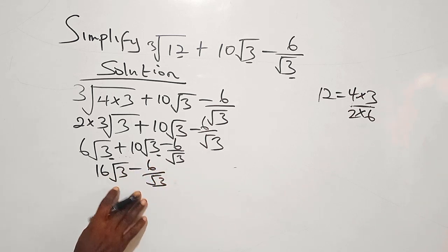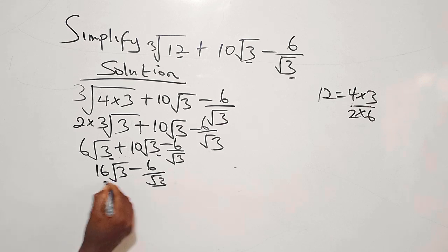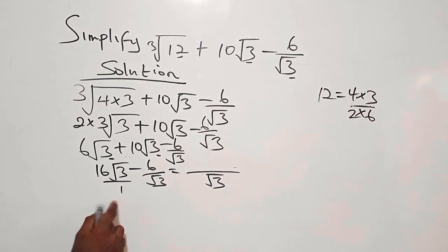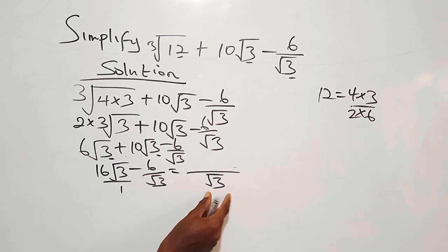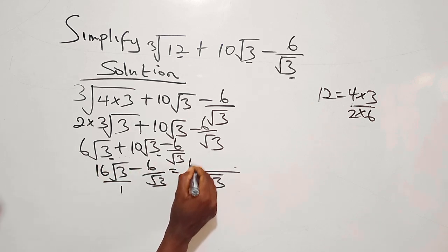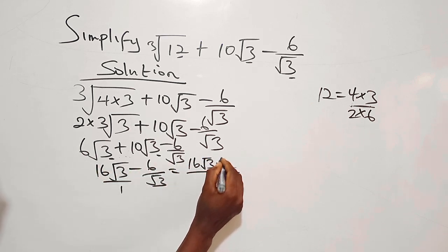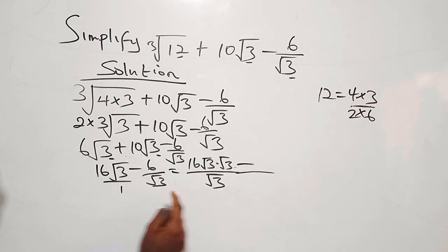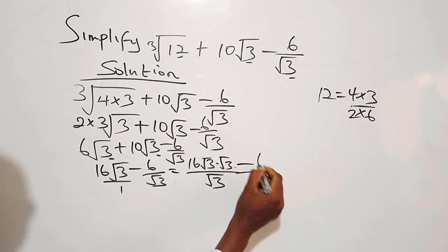So we can resolve this as a fraction. Here we have 16 root 3 over 1, so my LCM is root 3. When you divide root 3 by 1, you still have root 3. When you multiply 16 root 3 by root 3, you have 16 root 3 times root 3, minus, for the other term, when you divide root 3 by root 3, you have 1 times 6, which is 6.